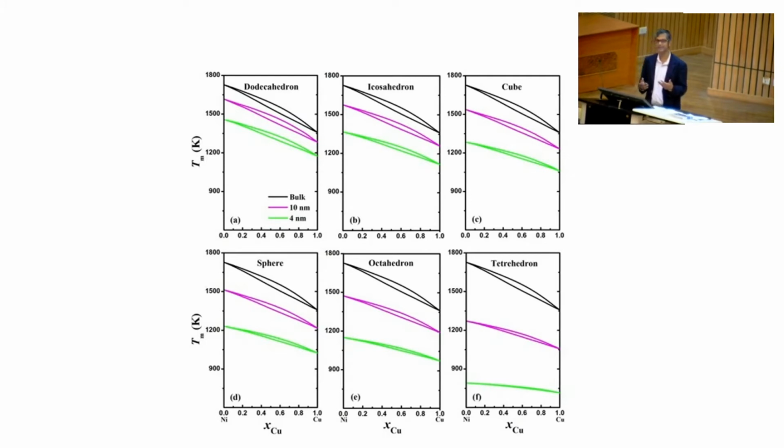Shape is a very important aspect, because it also dictates the area of the nanoparticles. It also changes the curvature, depending on which facets are available on that particular shape. That means you need to know the effect of both size and shape. We are only discussing the effect of size right now.